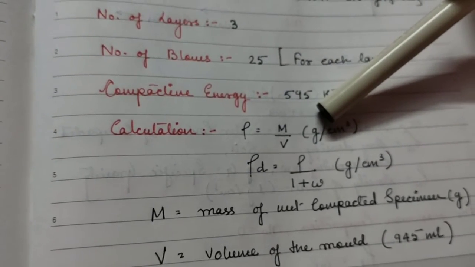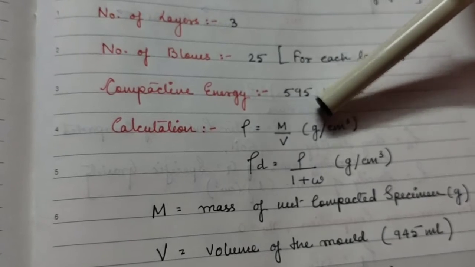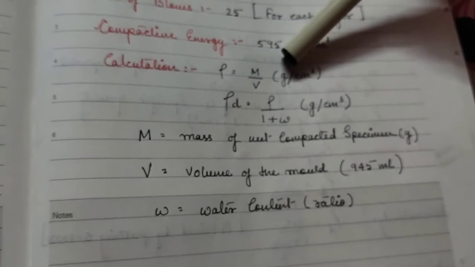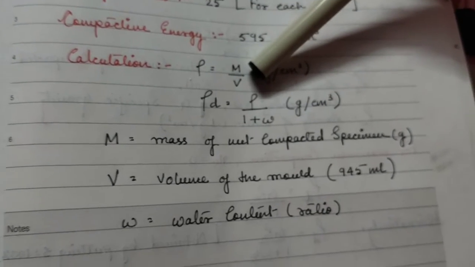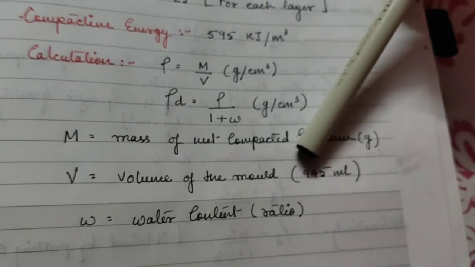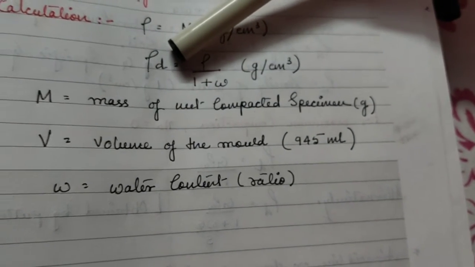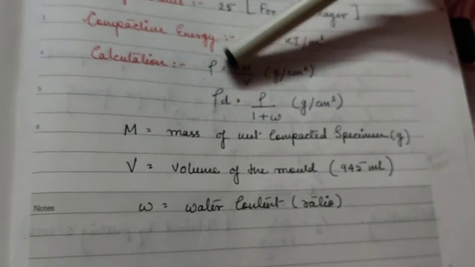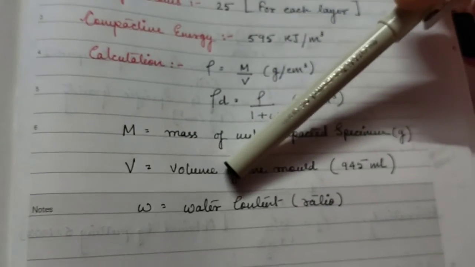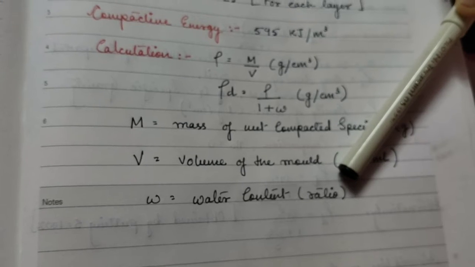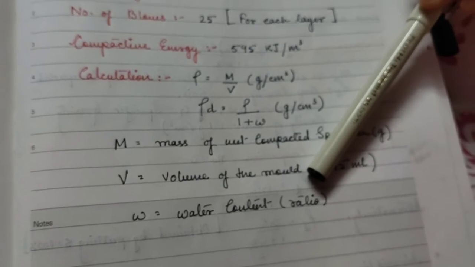M is the mass of the wet compacted specimen, which is given in gram. V is the volume of the mold, which is 945 milliliter. Gamma d is the dry density of the soil, and w is the water content of the soil, which is given as a ratio.